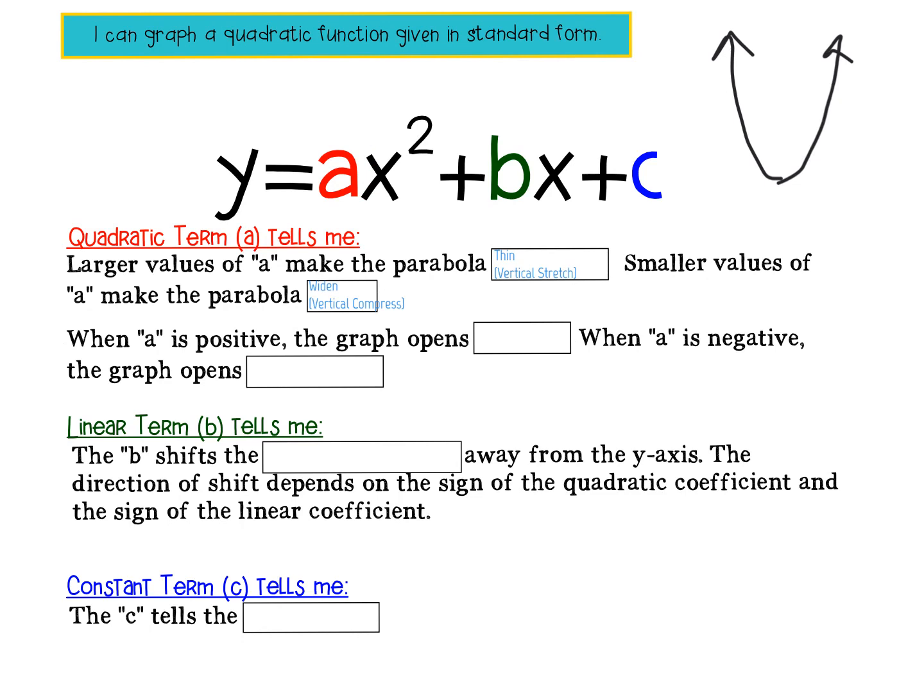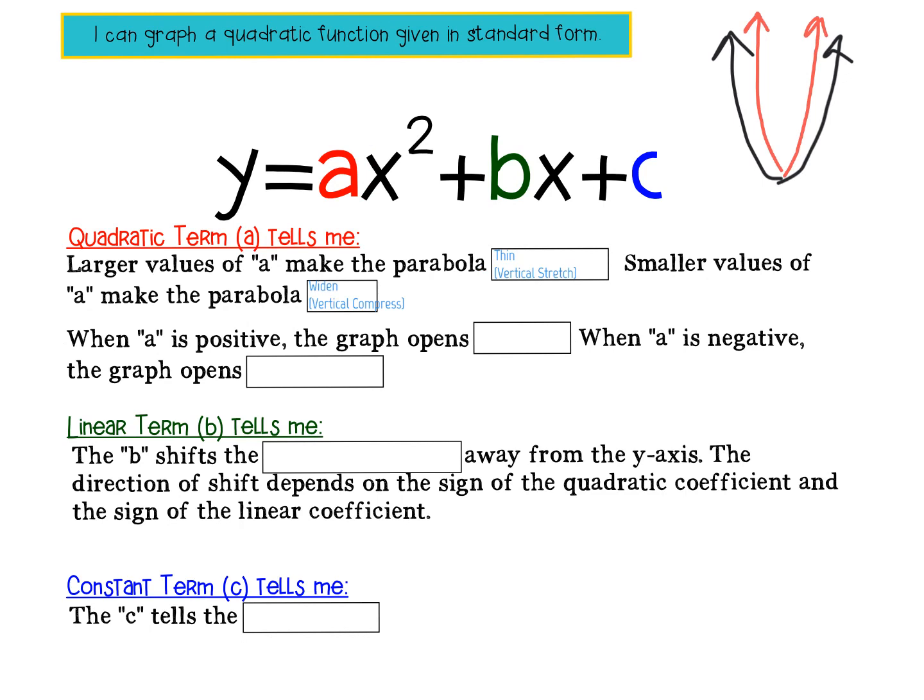So the larger values of a are going to make the parabola thinner, and we call that vertical stretch. You need to be familiar with that terminology. We're going to use it a lot. So when a is a larger number, it's going to increase at a faster rate because I'm multiplying by a larger number, so the output is going to get higher faster.